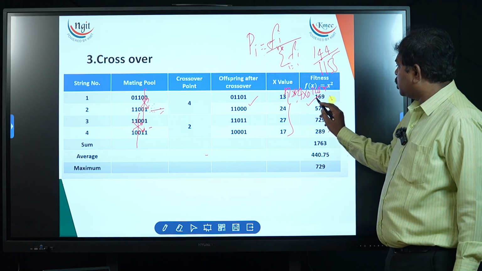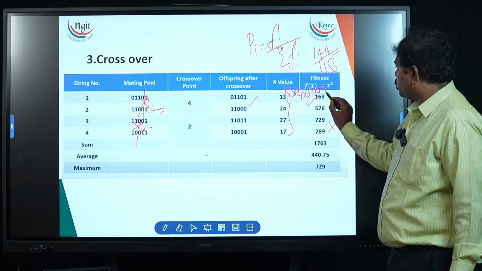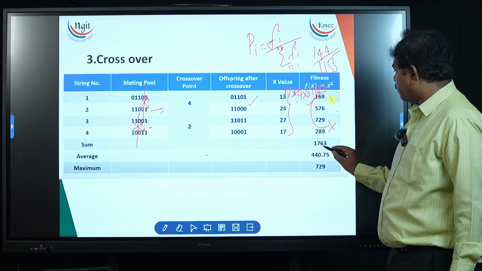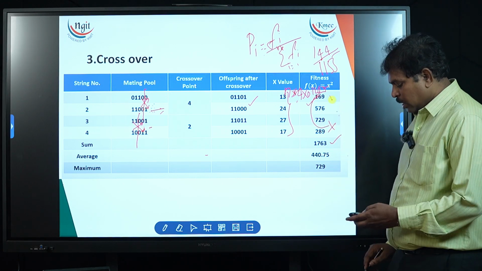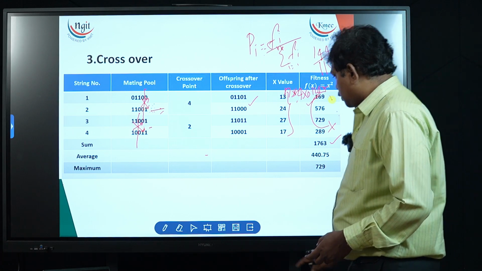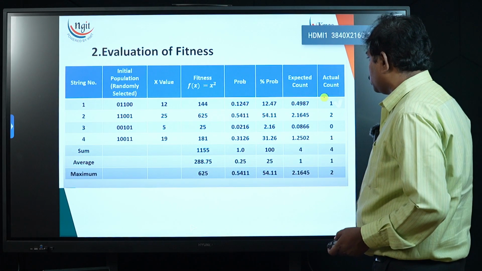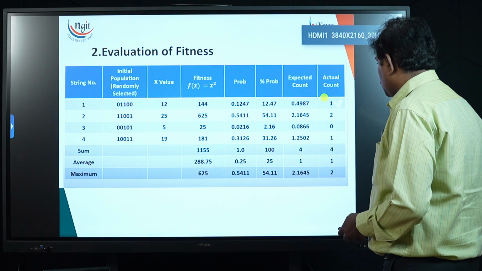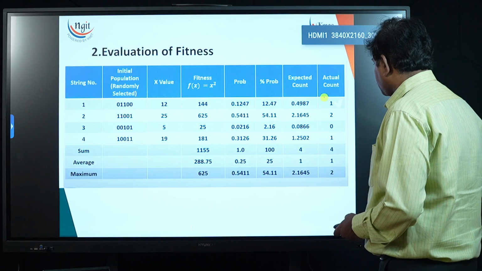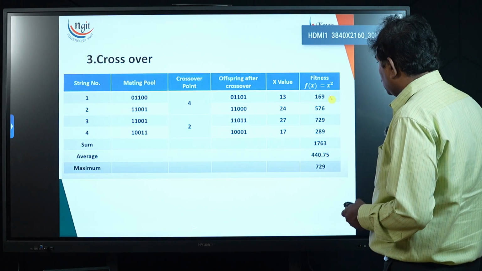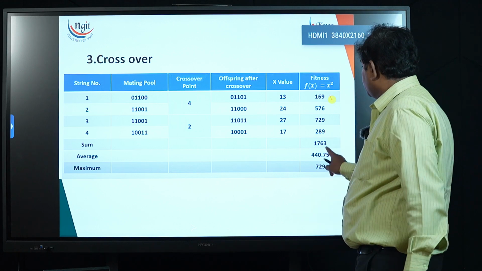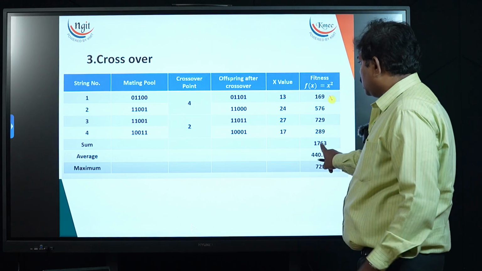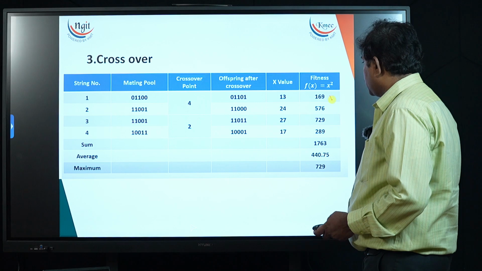So again 13 converted, these are my new values. See here I maximized it. Initially it was lower before crossover of the parents. Okay, this is the new one, sum is 1763.